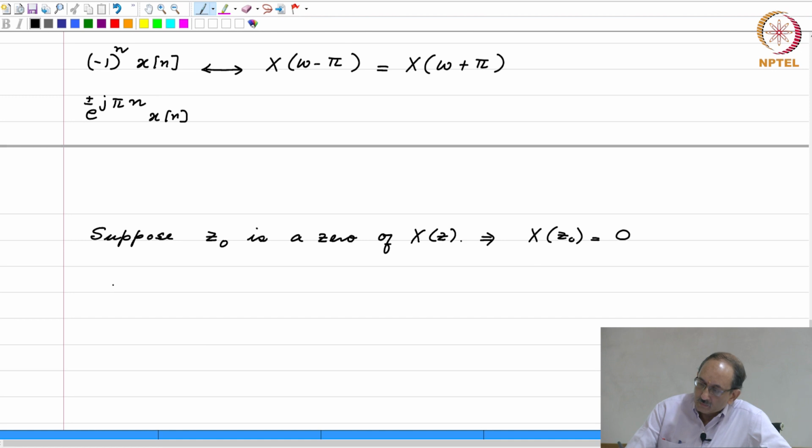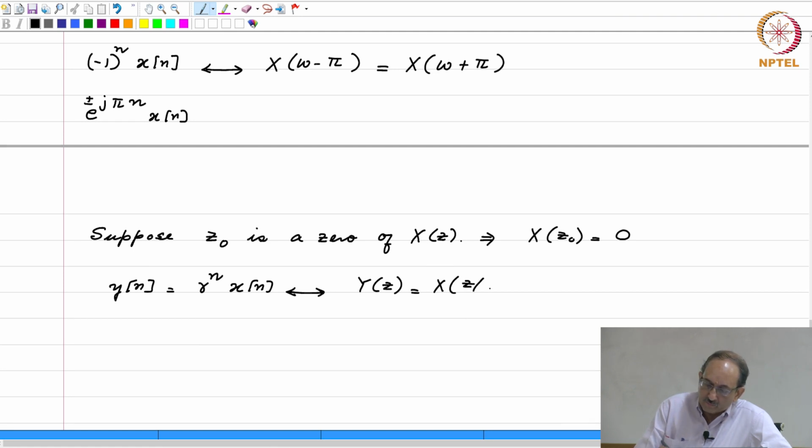Now, if you consider y of n, which is gamma to the n x of n, this z transform is Y(z). So, this is X(z by gamma), just repeating the property here.